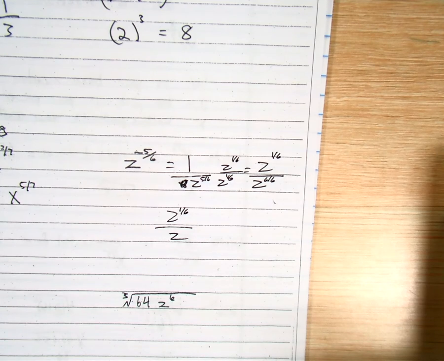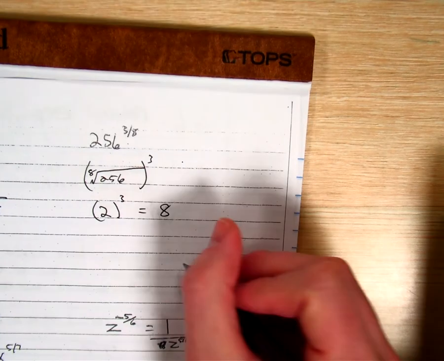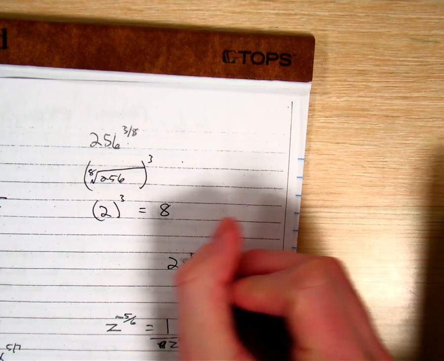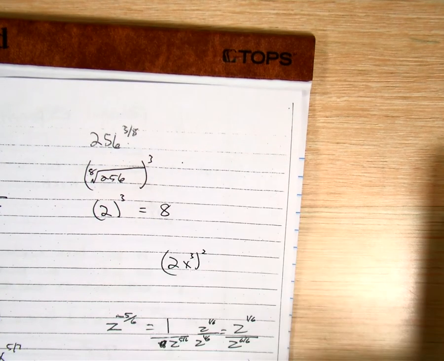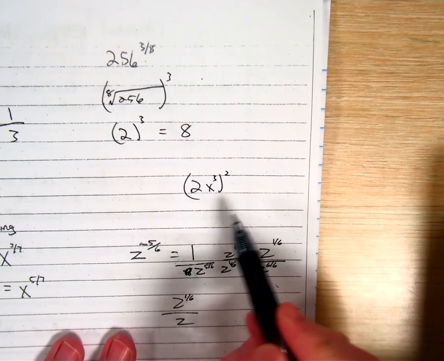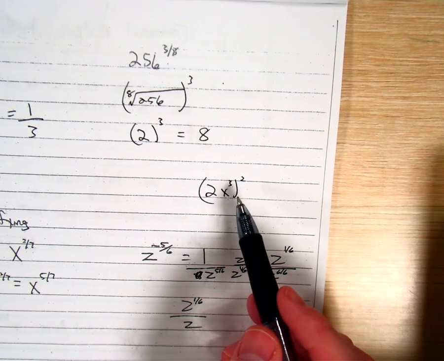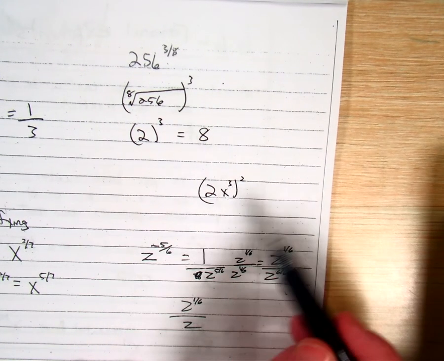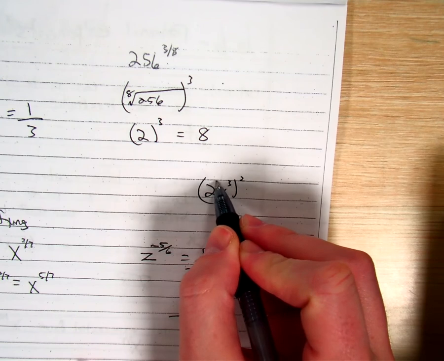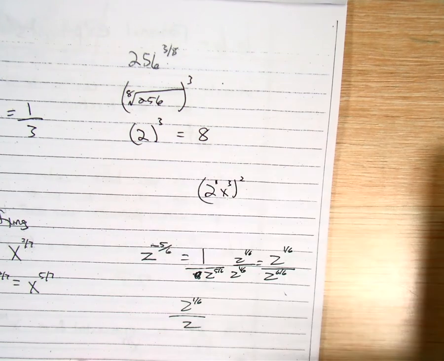There's another one I want to teach you about here, too. Let's do 2x cubed parentheses squared. Just reviewing some exponent properties from Algebra 1. If I have 2, this is really 2 to the 1st.